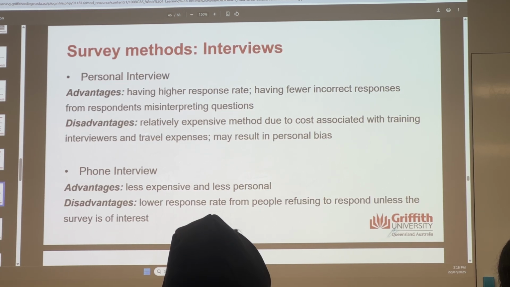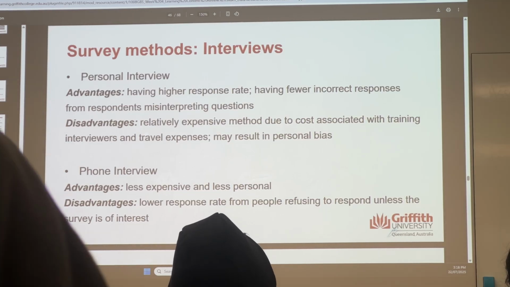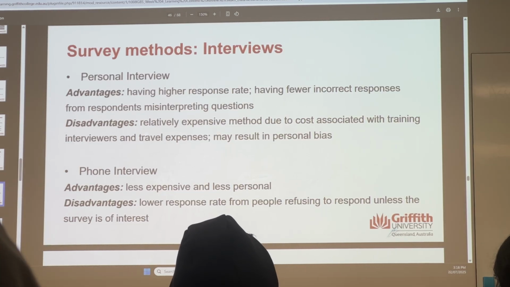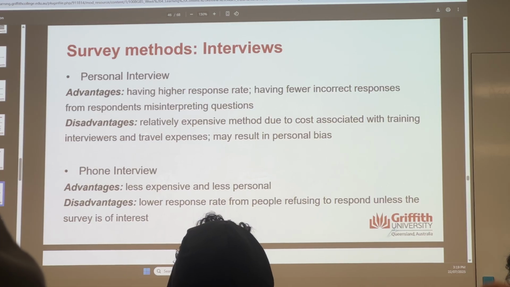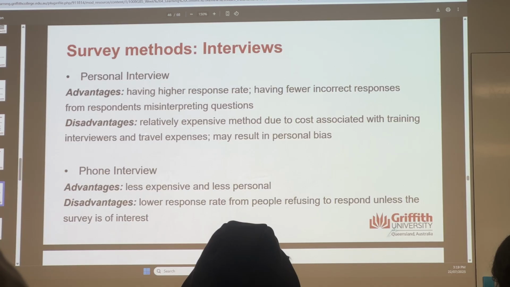Otherwise, how do we collect data? These are survey methods. So we have personal interviews. I think you know what a personal interview is. And the next one is a phone interview. Personal interview means if you want to collect data, you can directly interview the person.